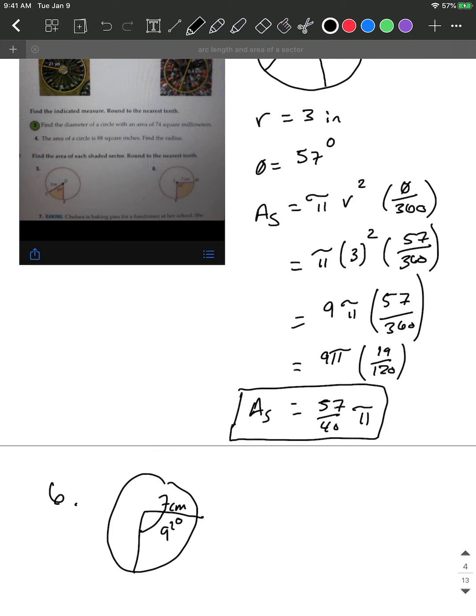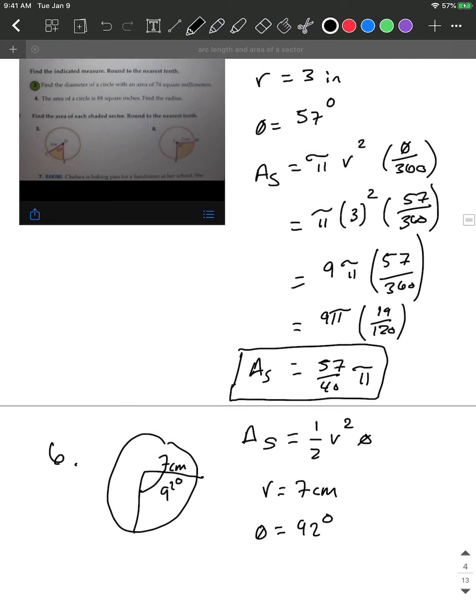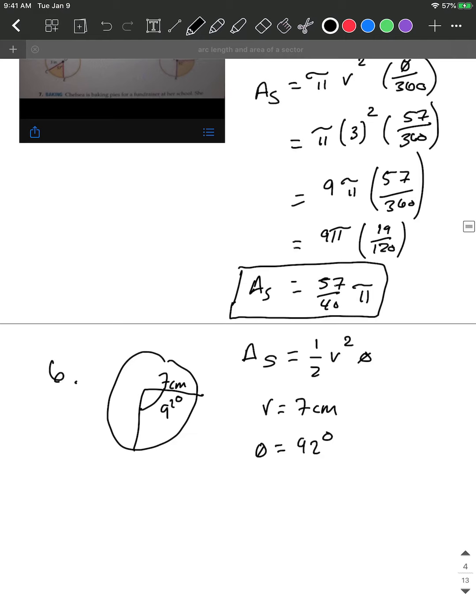So when we look at this, the area of the sector is equal to, now I'm going to use 1/2 r squared theta. Remember, we can't just plug in the 92 degrees. Our r right now is 7 centimeters and our theta is 92 degrees. We can't plug it in right now, so our first goal is to convert.